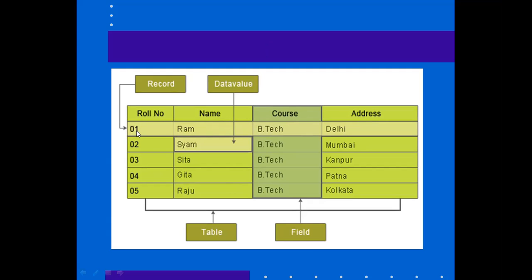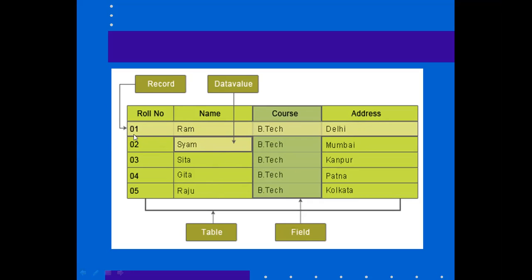And this is the first record or first tuple. Roll number is 1, name of the student is Ram, his course is BTech, and his address is Delhi. This is a single piece of information of student Ram. In the similar fashion, we have collected the data of the 5 students. That's why we can call it a database.